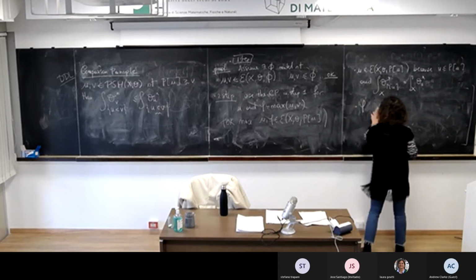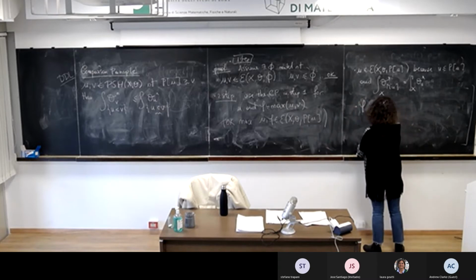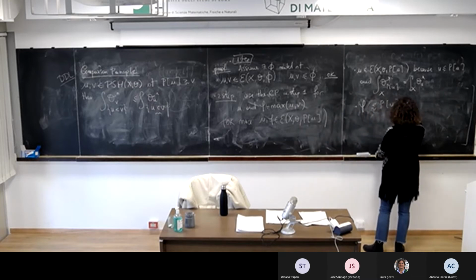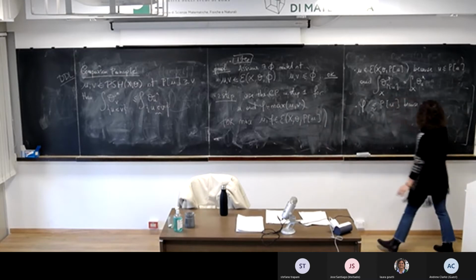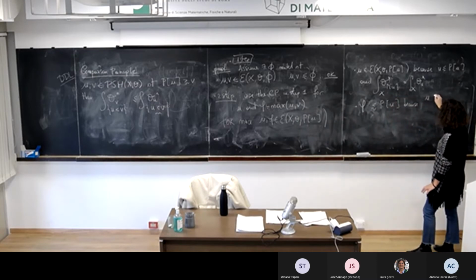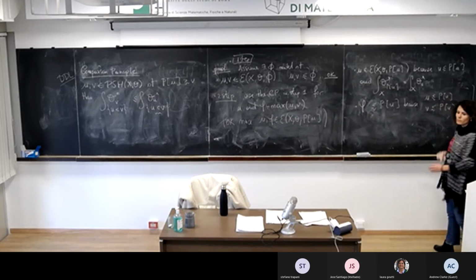So phi is less singular than p of u, because u is less singular than p of u, and b is less singular than p of u. This is my point.